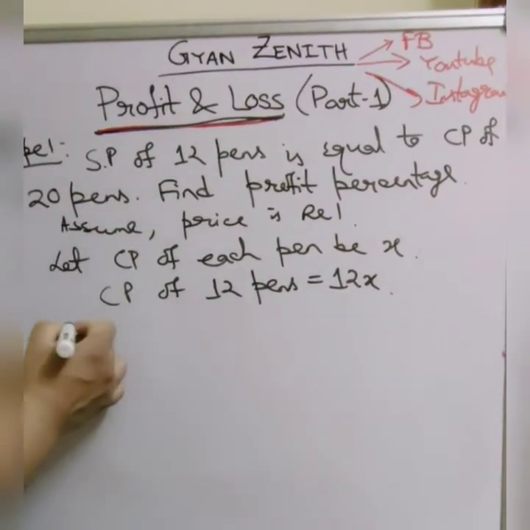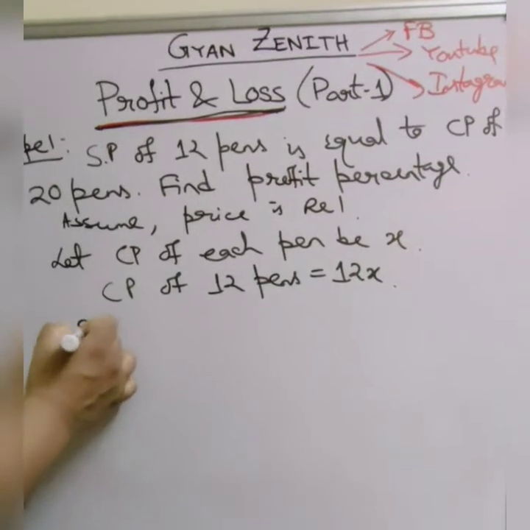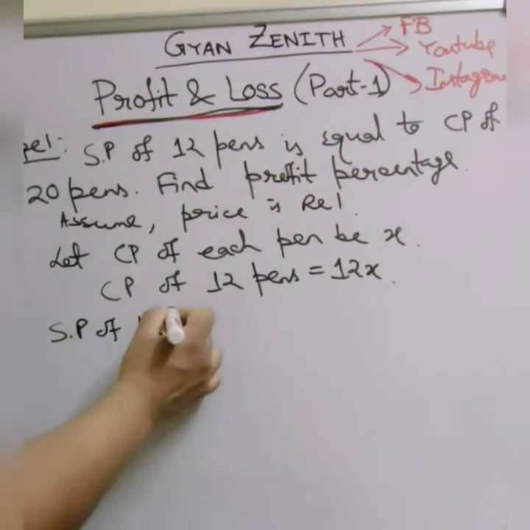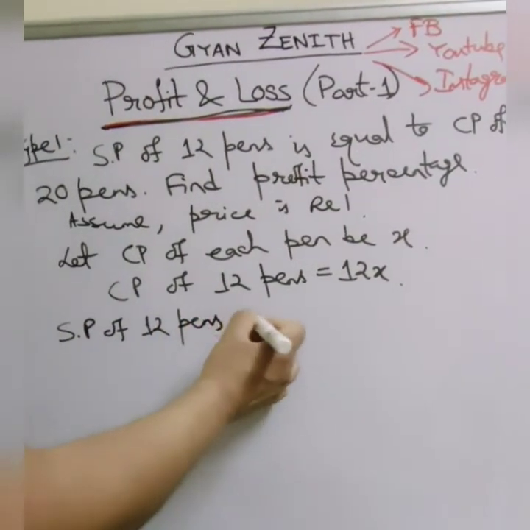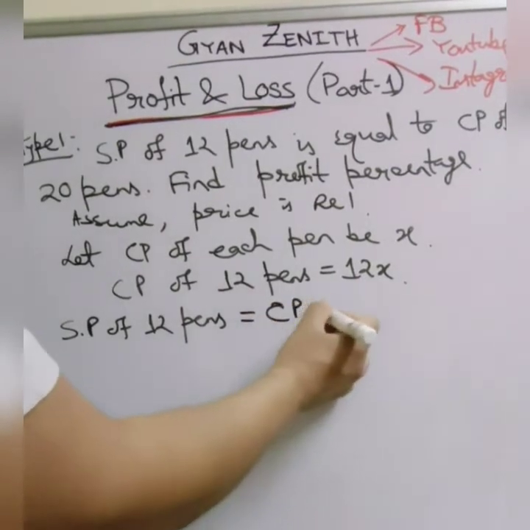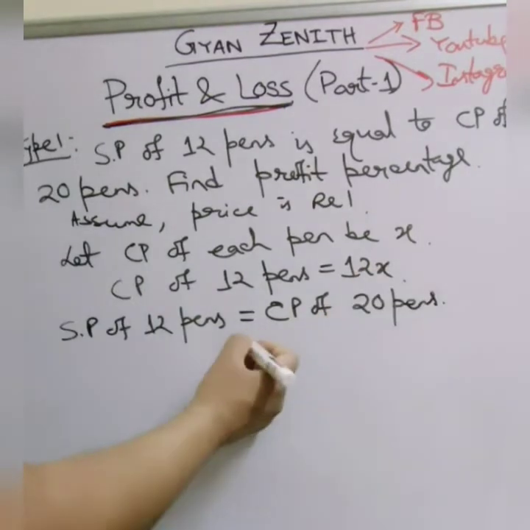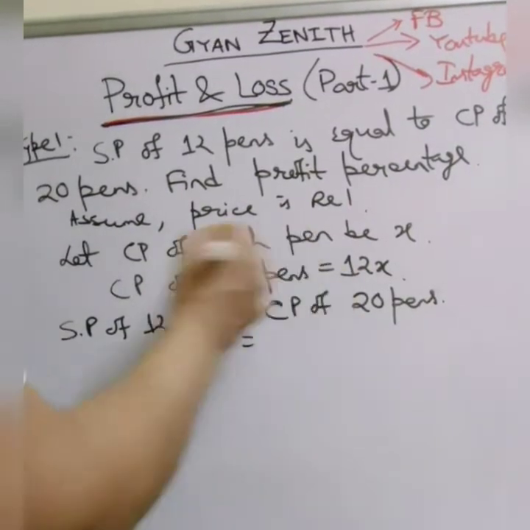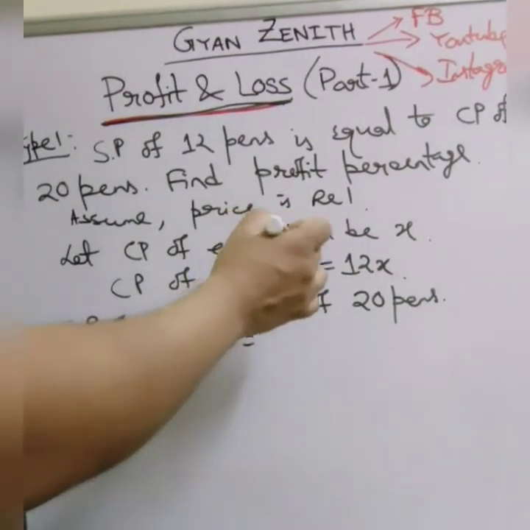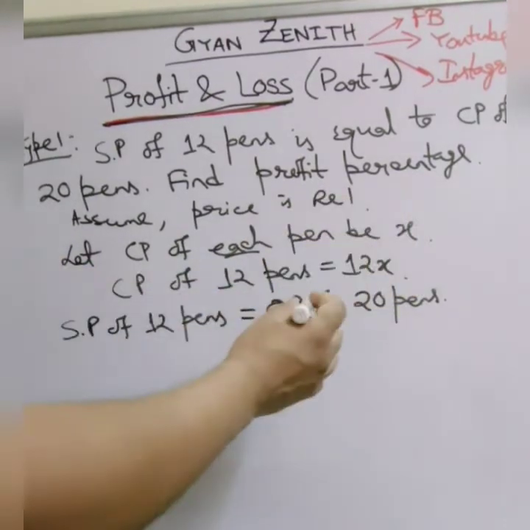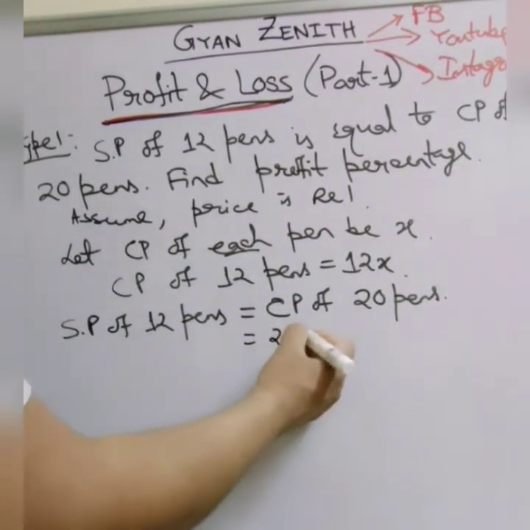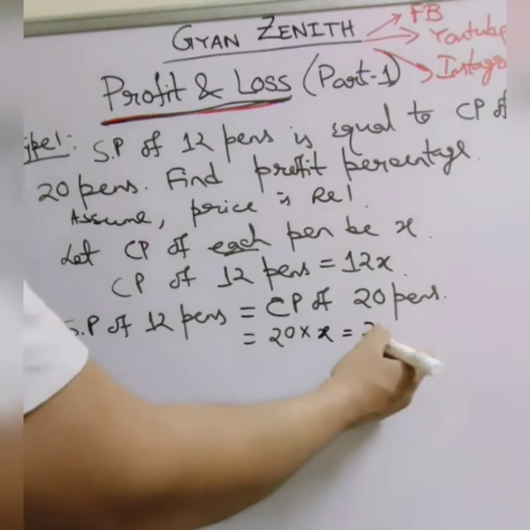Now if you see, SP of 12 pens is equal to CP of 20 pens. Each means one pen, so I have assumed X. So CP of 20 pens will be 20 into X, so 20X.